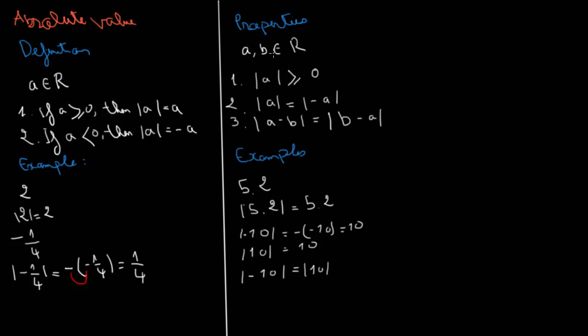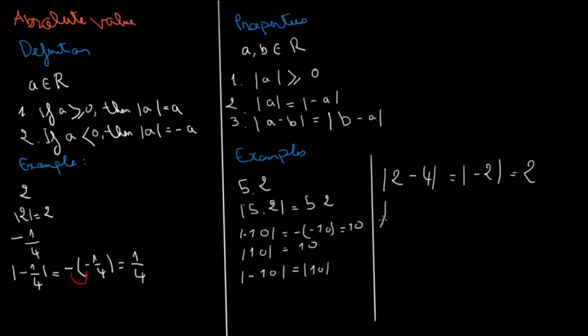The last example I'm going to do here, because I need a little bit more space. Suppose I have two real numbers. Let me take 2 for the sake of this example, and 4. Then 2 minus 4 gives the absolute value of minus 2, which is 2.